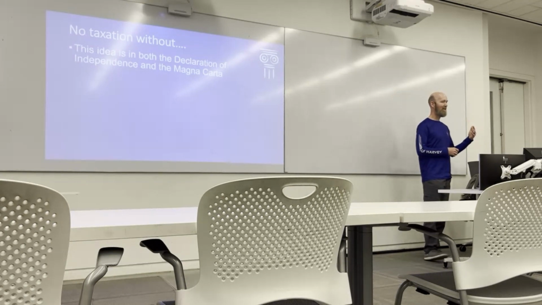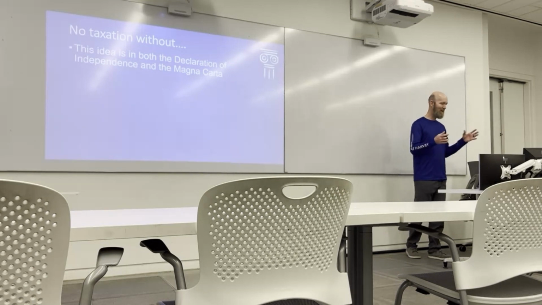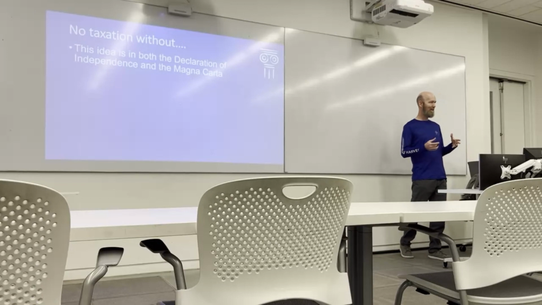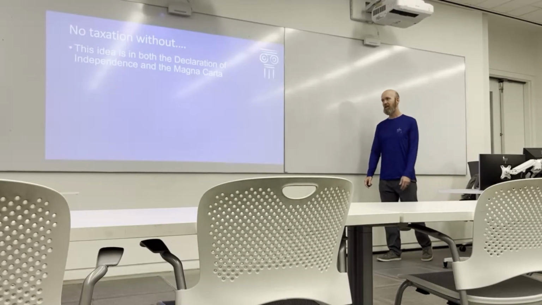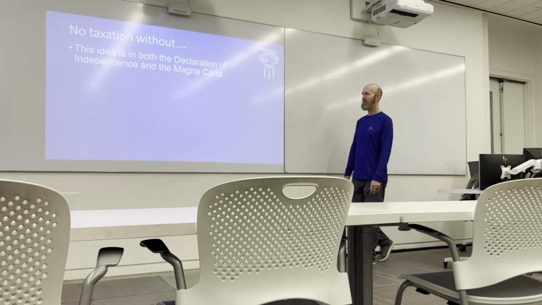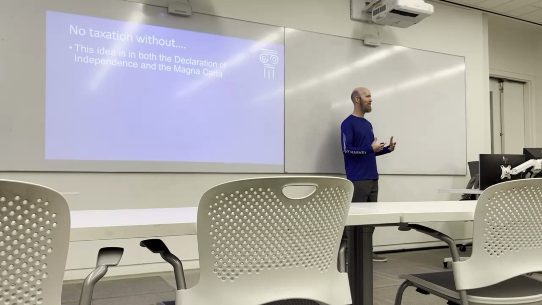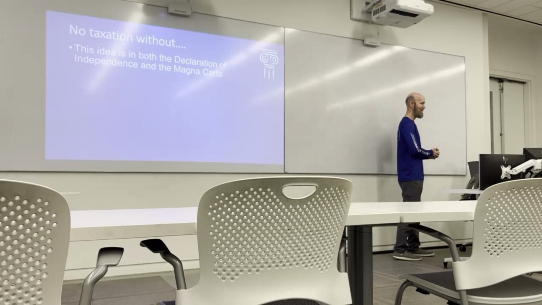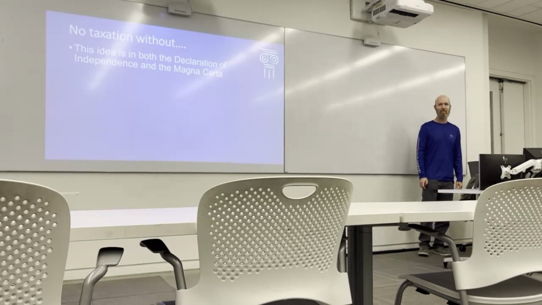So it didn't quite happen, but at least the concept of the nobles being able to pick representatives was in the Magna Carta. So the idea that if the king was going to tax the nobles, they were entitled to representation is in the Magna Carta. So no taxation without representation is in the Declaration of Independence, but also in the Magna Carta.